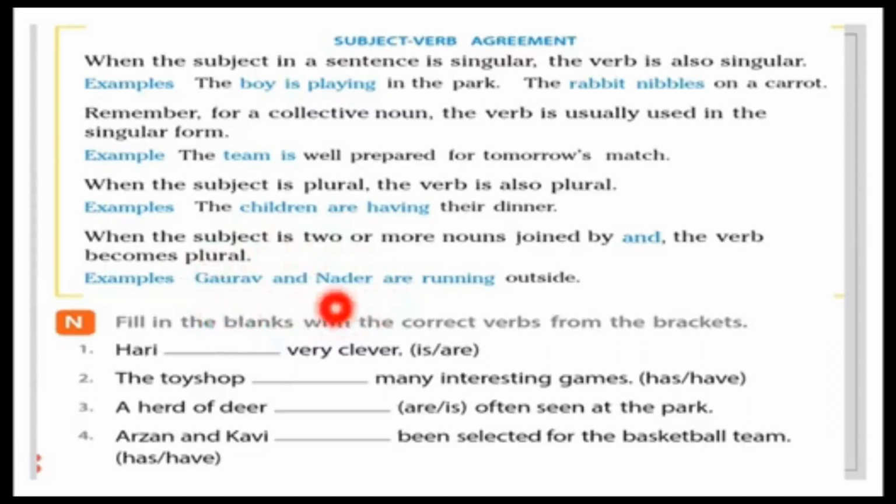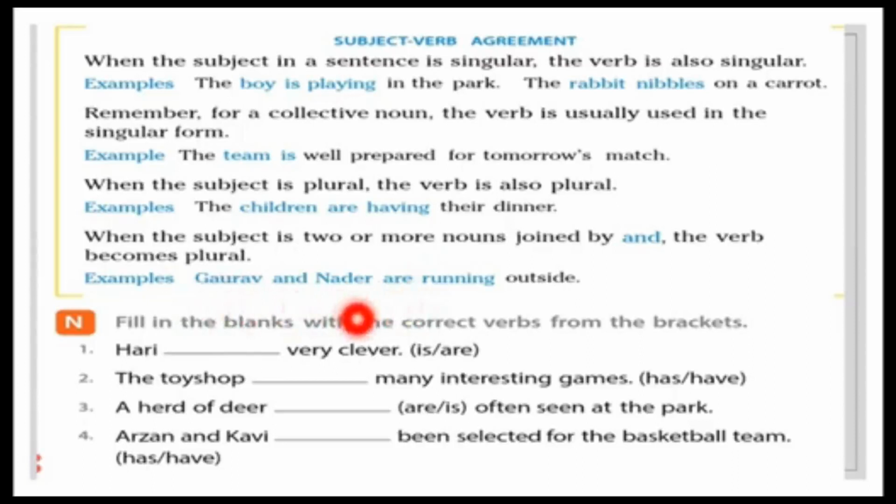So, they are two, right? The subject is actually two or more persons, and it is joined by the conjunction and. So, we have to use the verb as plural, that is are.